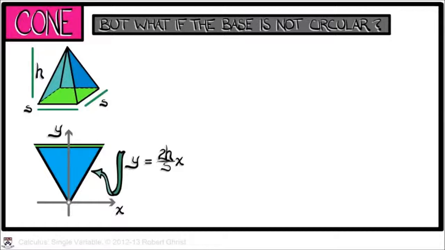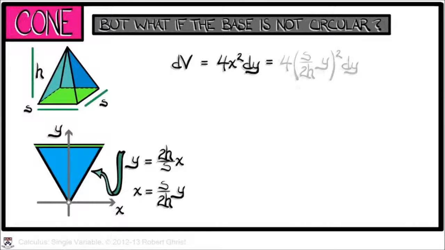What is that side length? If we solve for the line that constrains y in terms of x and solve for x, then we obtain a volume element that is 4x squared dy, namely 4 times quantity s over 2h y squared dy.